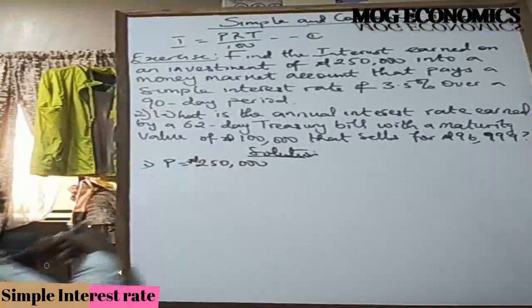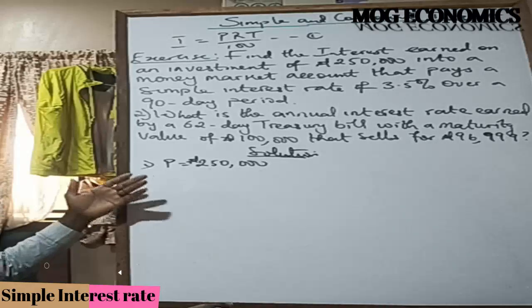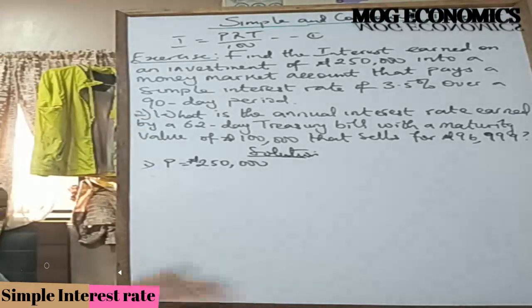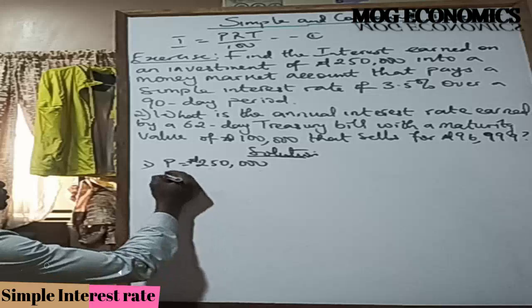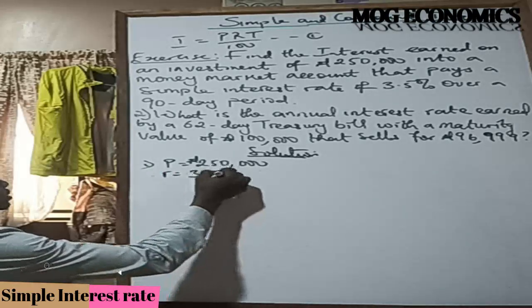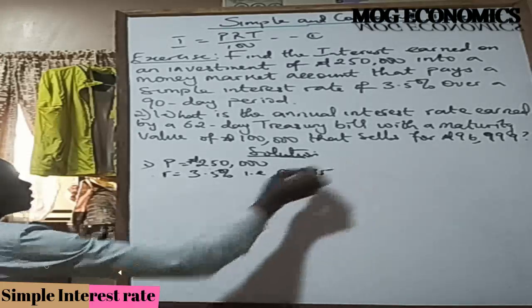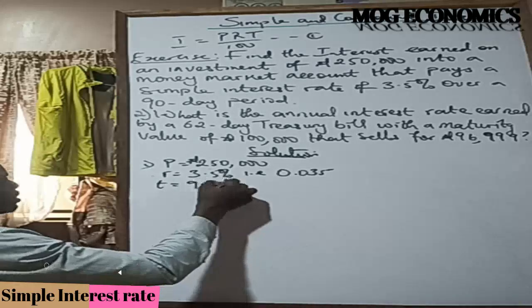You can also use the simple interest formula for investments. It's not a big deal. Principal is 250,000, and the rate of interest is 3.5%. R equals 3.5%, converted quickly, 0.035. Then time has to be expressed in years, but here we have days.